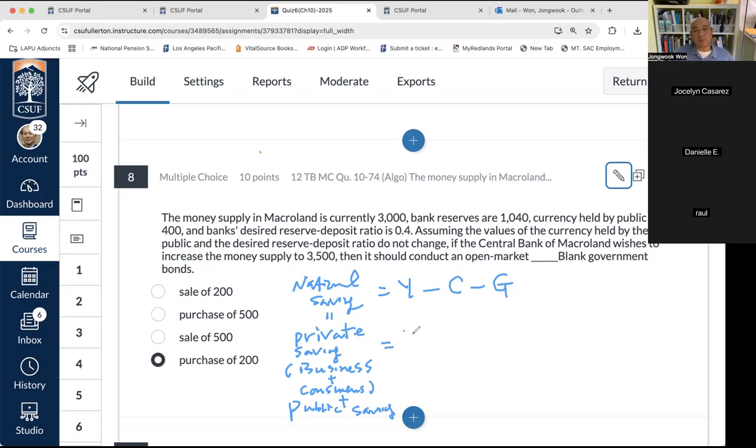Private saving is income minus tax and consumption. Public saving is T minus G. But we have to understand T is tax collection, minus transfers, welfare, Social Security transfers, and minus government interest payment.